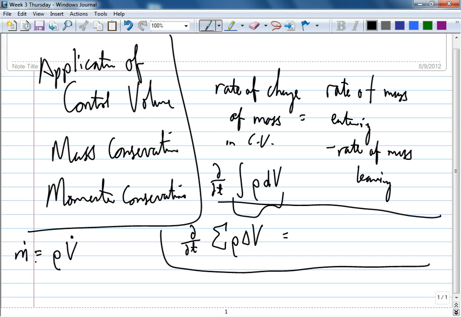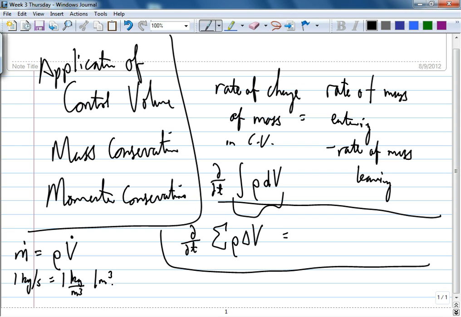If the density is 1 kilogram per meter cube, to keep it easy, then we need 1 meter cube entering every second.